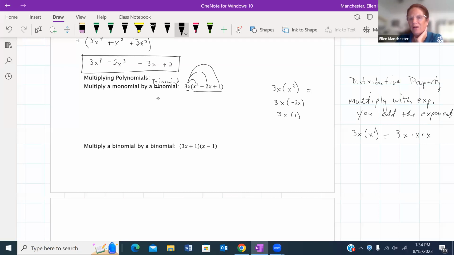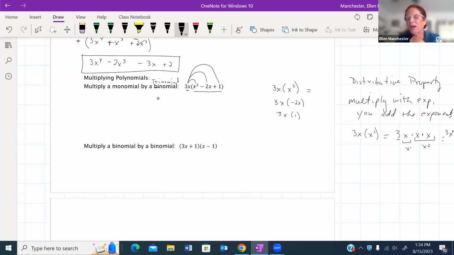You see it? I have x squared here, and here is my x to the 1st. Well, how many x's do I have now? Remember, we're not adding the x's. We're multiplying the x's. So this ends up being 3x cubed, not because I have 3 x's here, but because I have x times x times x.